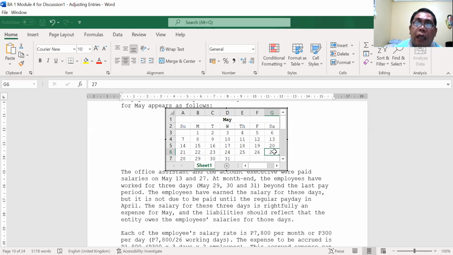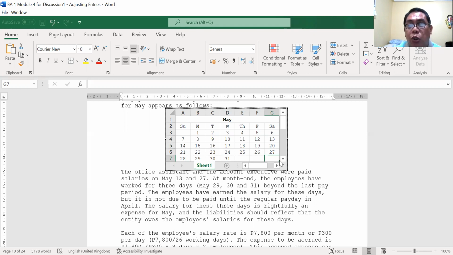But remember that we have to recognize salaries at the end of the month. Their next salary will only come in June, on the second Saturday of June, counting 1, 2, 3, 4, 5, 6, 7, 8, 9, 10.